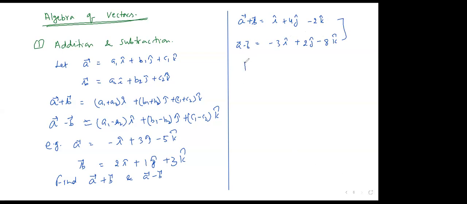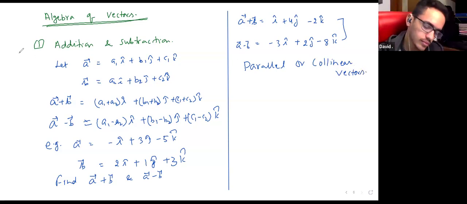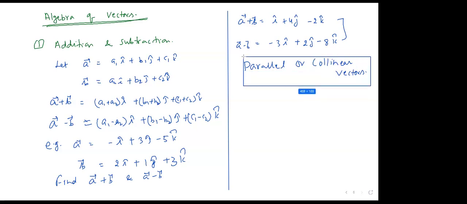One more thing, parallel or collinear vectors. Two vectors are said to be parallel vectors.